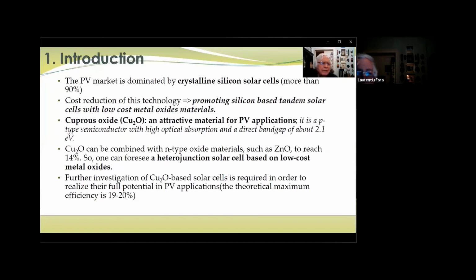This is a P-type semiconductor with high optical absorption and a band gap of about 2.1 electron volts. Copper oxide has to be combined with an N-type oxide material like zinc oxide. In this case, we could obtain a heterojunction subcell based on low-cost metal oxide. And the top subcell is combined with the bottom subcell based on silicon.